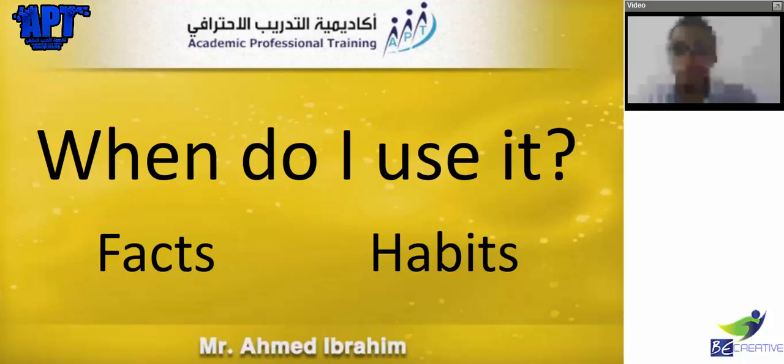I see my friends every week. I travel every year. So what's common between all what I said? They happen on equal periods of time. As I was telling you, when do we use it? First thing, habits. Things that happen on equal periods of time. The second thing, facts. What do I mean by facts? Usually when I say facts, people always think of a famous example.